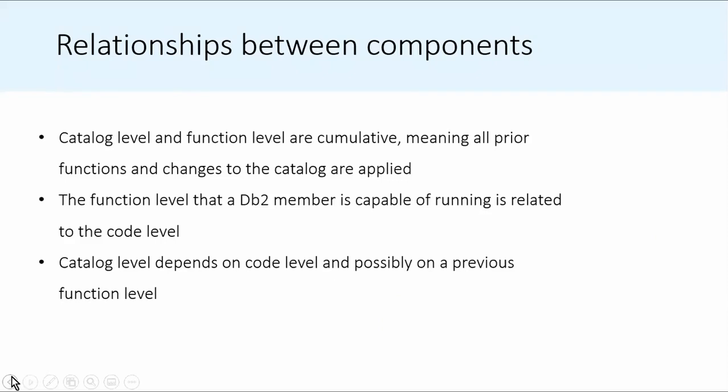I have to have enough code to support the function level activation I'm trying to do. So we need to have the code at the right level, and then you can activate the function level. For some function levels, you'll have to run catmaint and update the catalog level first. For example, for function level 505 in DB2 12, you need to run catmaint before you can activate the function level.